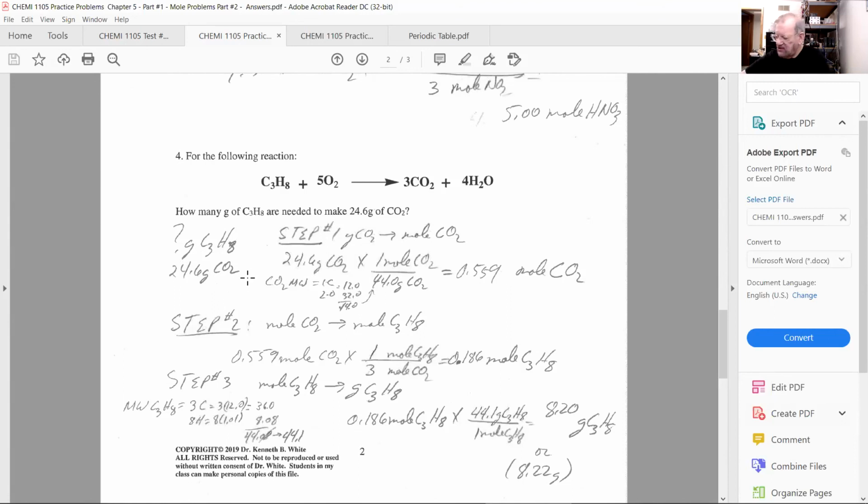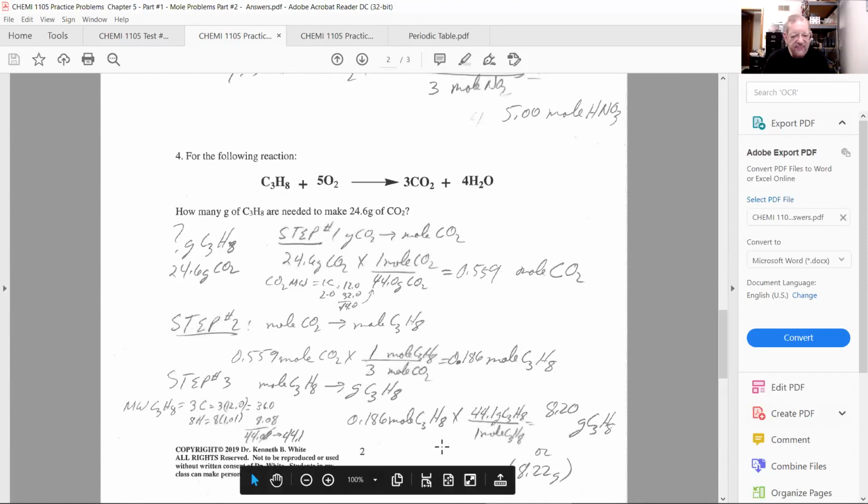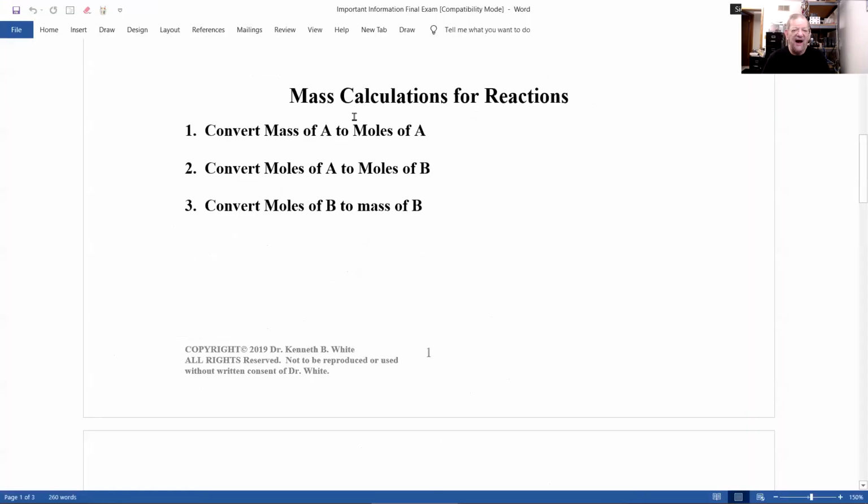You cannot go from grams of one compound to grams of another in one step. You need 3 steps. Now you can combine them in one math formula, but I like to separate them. And where do you get the 3 steps? You look at important information. I have mass calculations. Remember, mass means grams.